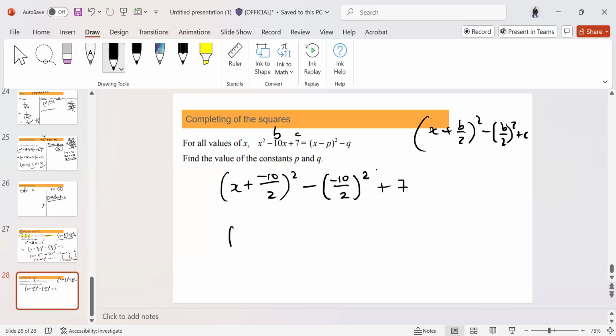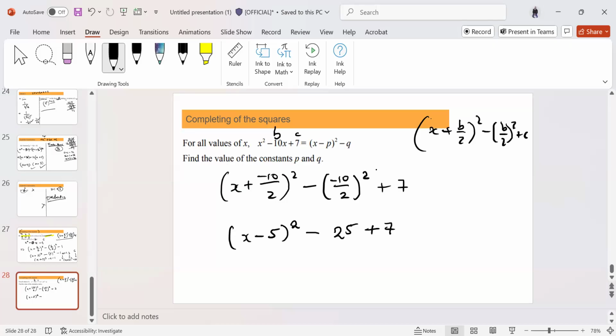Simplify. 2 into -10 becomes -5 squared, minus, 2 into -10 is -5. But remember now, this is in brackets. So -5 to the power of 2 is going to give us a positive number, and that is positive 25, plus 7 then.